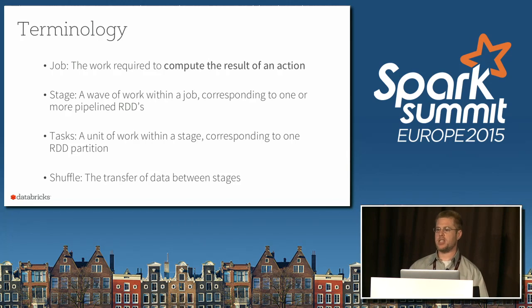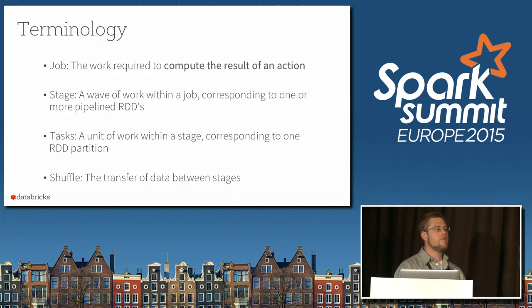Some actions can spawn more than one, so it's not exactly one-to-one, but generally running an action is going to spawn a job in Spark. A stage, for now, we can think of as a wave of work within a job corresponding to one or more pipelined RDDs. A task is a unit of work within a stage corresponding to a single RDD partition.